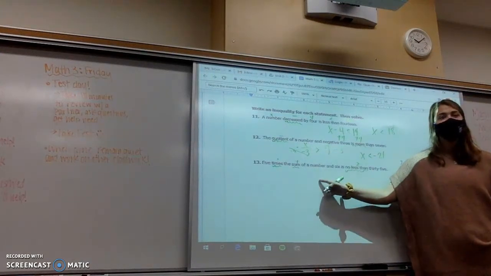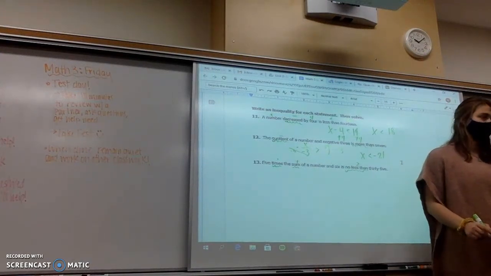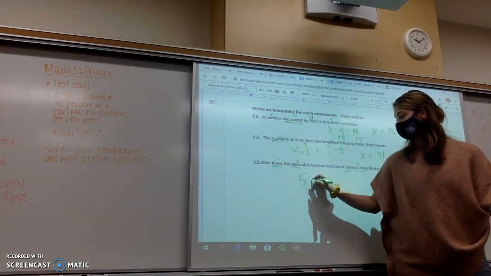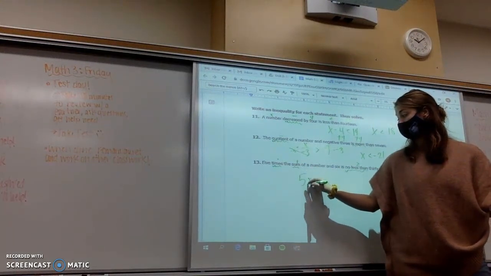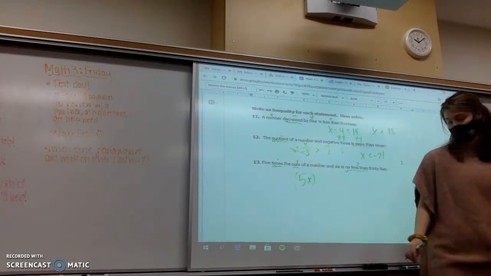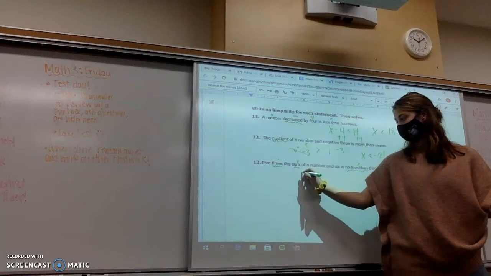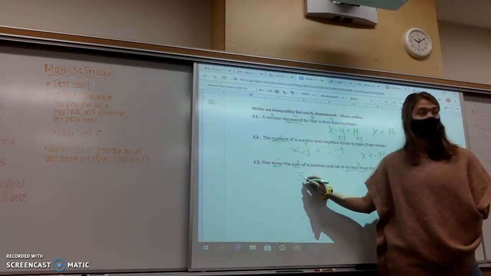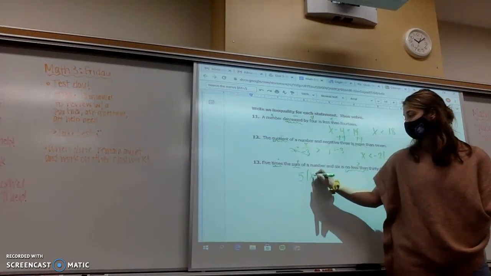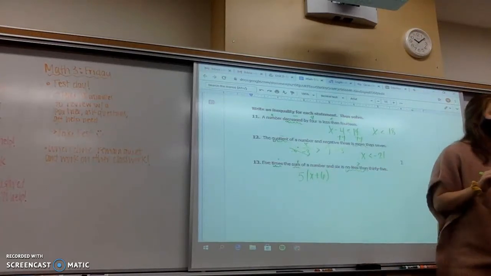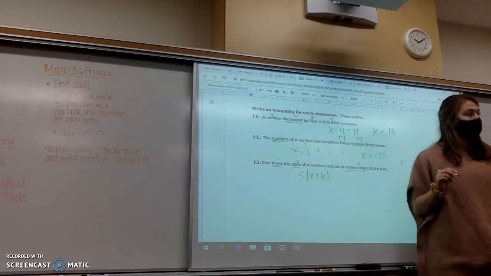Okay? How am I setting up this left-hand side? 5 times, in parentheses, x plus 6. Why is that, Gabe? Because it says 5 times the sum, which is x plus 6.